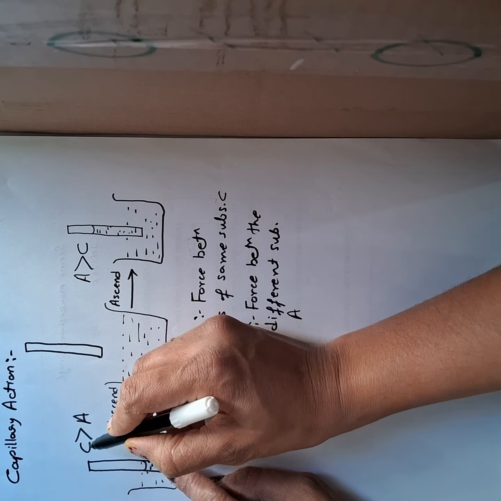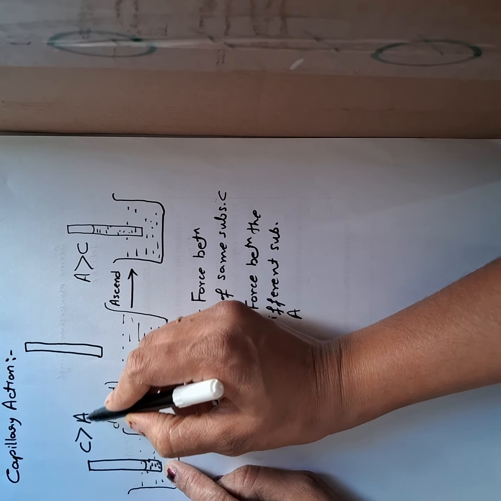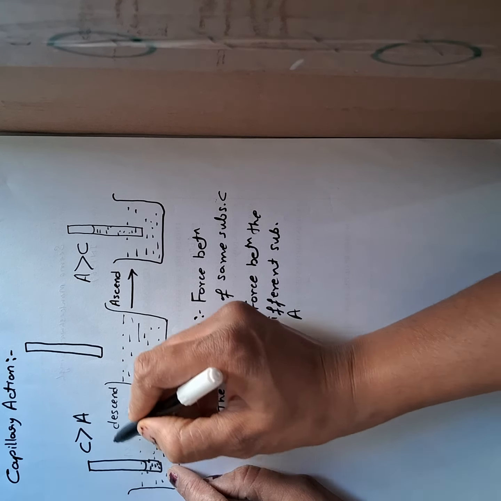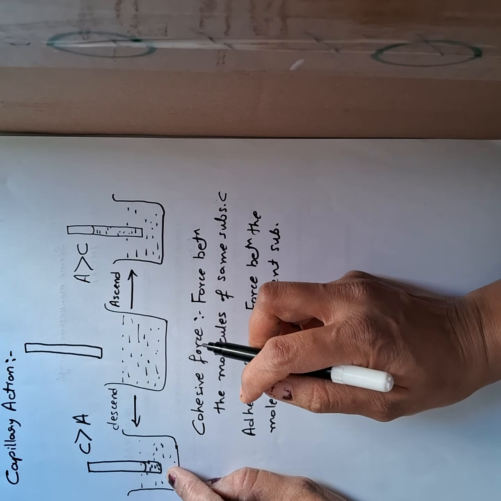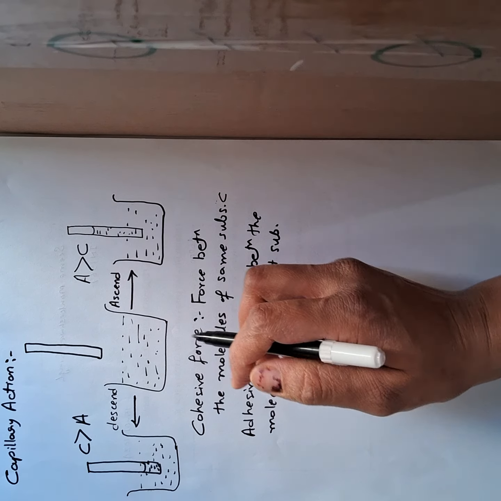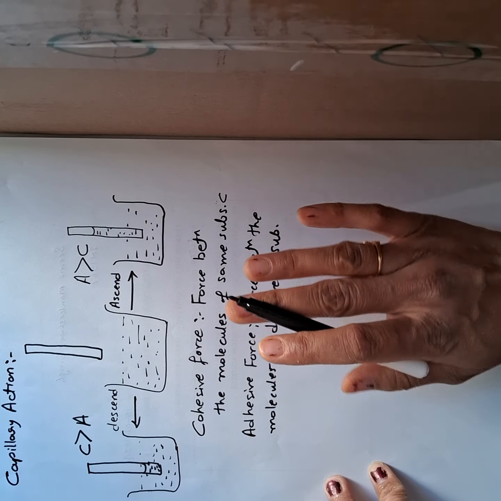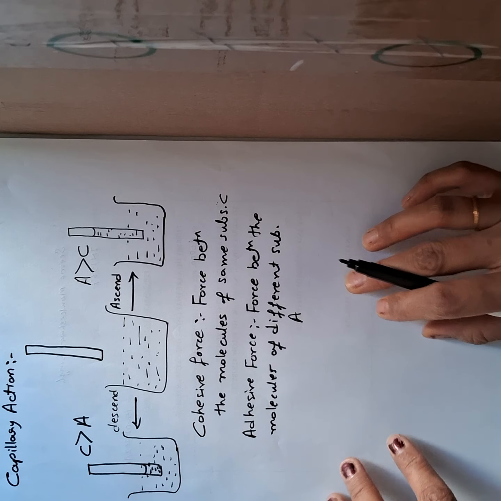So when the cohesive force is stronger than the adhesive force, the liquid will descend in the capillary, while when the adhesive force is stronger than the cohesive force, the liquid will ascend in the capillary. So this cohesive force and adhesive force are responsible for capillary action, right?